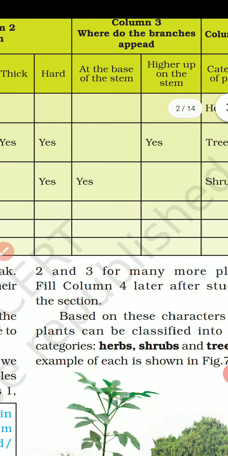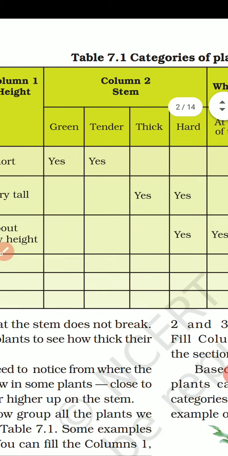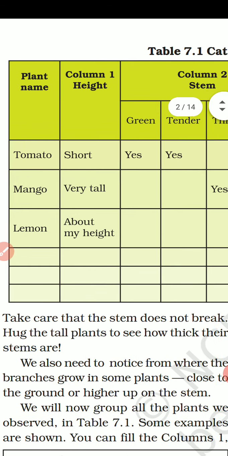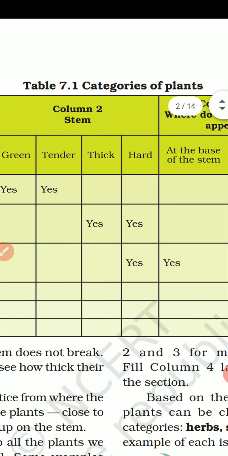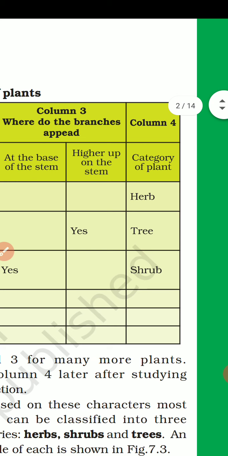Fill column 4 later after studying the section. So children, you can add 3 more plants, and then you can fill columns 1, 2 and 3 by looking at the plant, and column 4 will be based on the observation; it will be categorized.